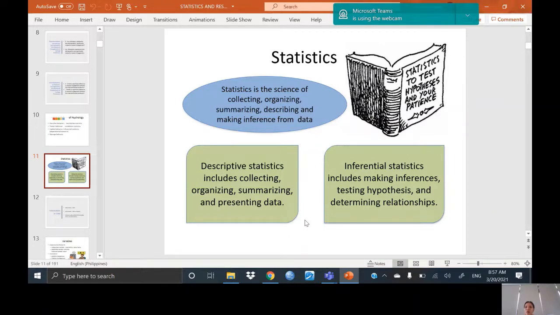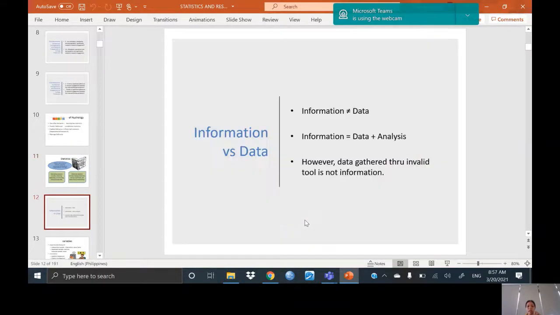If it is true in our sample, then we try to see if it is true also in the population. So we are determining relationships. That is why we can make inferences of the relationships of the variables that we are studying, the psychological concepts that we are studying, through the use of inferential statistics. So that is statistics.